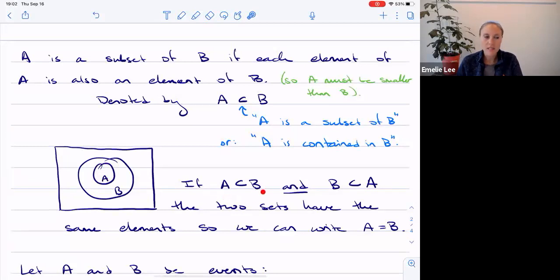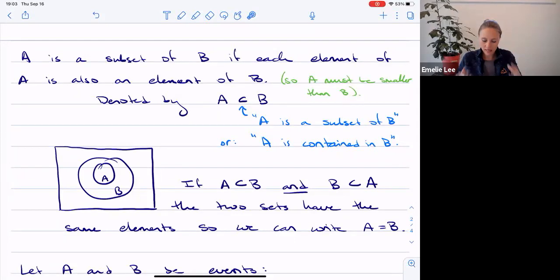We can extend that and say that if A is contained in B and B is also contained in A, what does that mean? It means that A fits inside B, but also that B fits inside A. So you've got this equal situation.